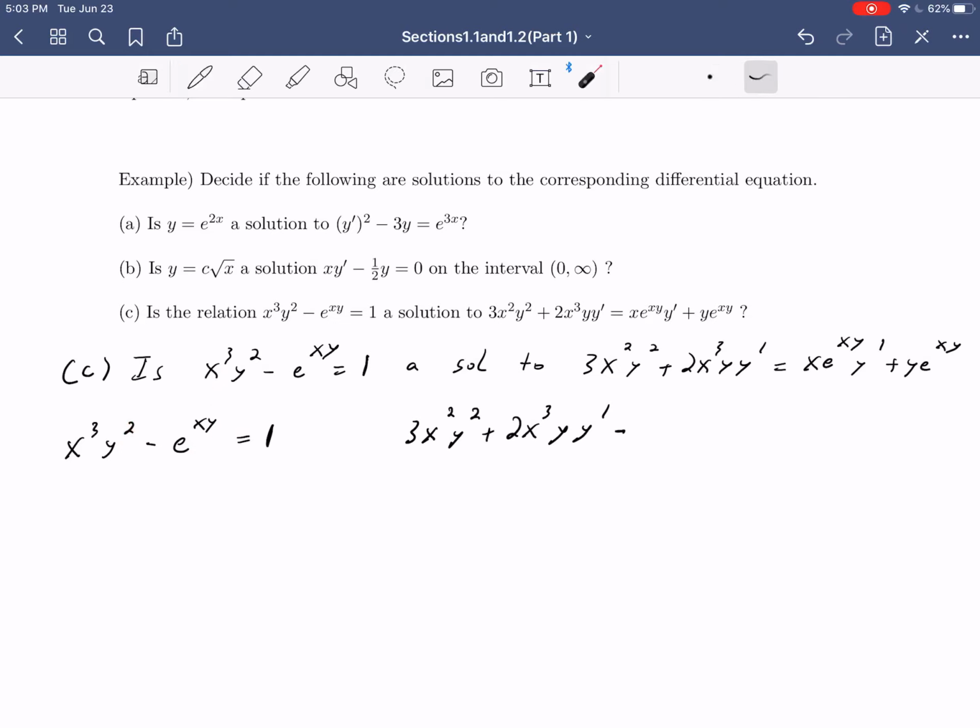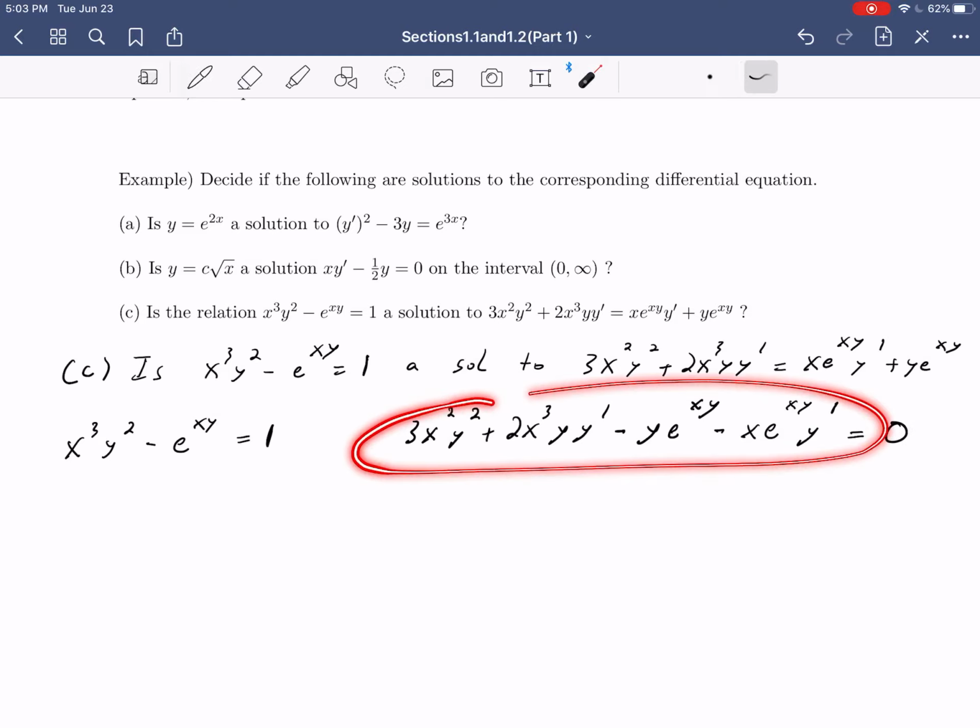We'll have to do a little bit of a product rule up top. So when we differentiate with respect to x, we should get minus y e to the xy. And then when we handle differentiating the y there, we should get minus x e to the xy y prime. And that's going to equal 0 there.